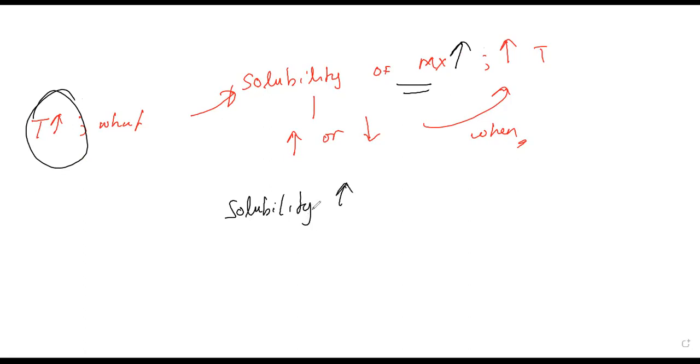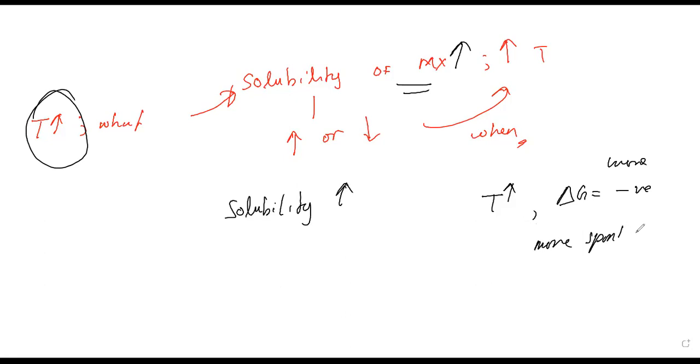That is one thing. Another thing you can say, if you increase the temperature, right, the delta G becomes more negative. More negative means the reaction is more feasible, it becomes more spontaneous.